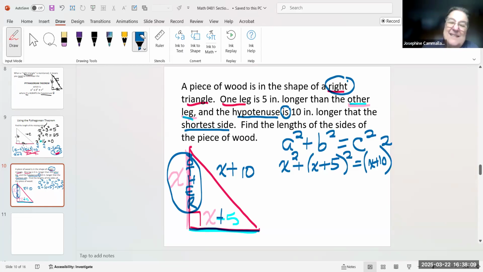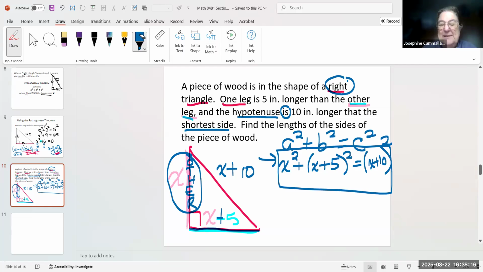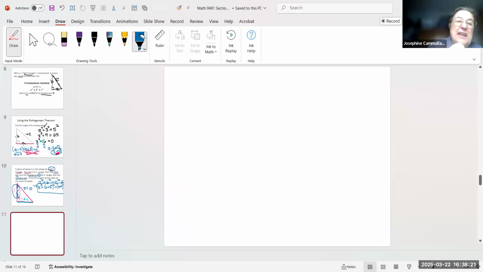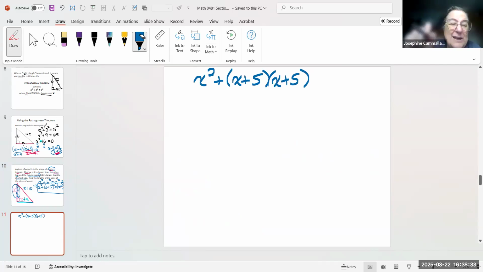Now, this is the equation I'm working with right here. And it's got the little 2 at the top. Now, I'm going to go to the next slide right here. It says x squared. Now, I want to write this out. This is x plus 5 times x plus 5. Because remember, it had that little 2 up there? Is equal to x plus 10 times x plus 10.